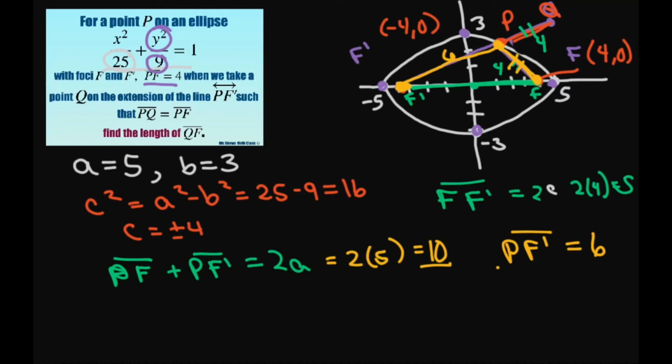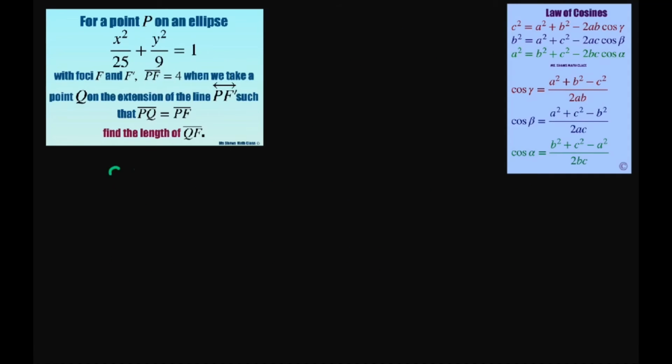So now we're going to let the measure of angle PF prime F equal theta. So that's this one right here. And we're going to use the law of cosines and get some more information. So cosine of our angle equals 6 squared plus 8 squared minus 4 squared.